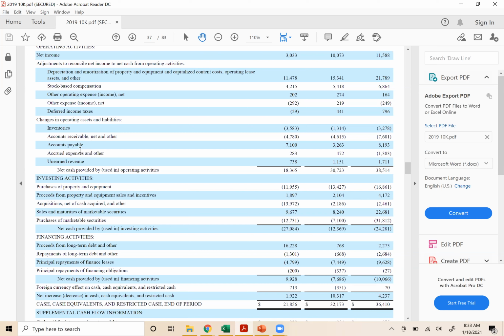You might see other funny line items, as we'll see in Walmart, that aren't related to assets and receivables, but they're in this section. So it's an important skill to look at the section and say, which of these line items are really related to operating working capital? With Amazon, they specifically say changes in operating assets and liabilities. Good, that saves us the need. This is operating working capital. In some other companies, they have changes in operating and other assets and liabilities.